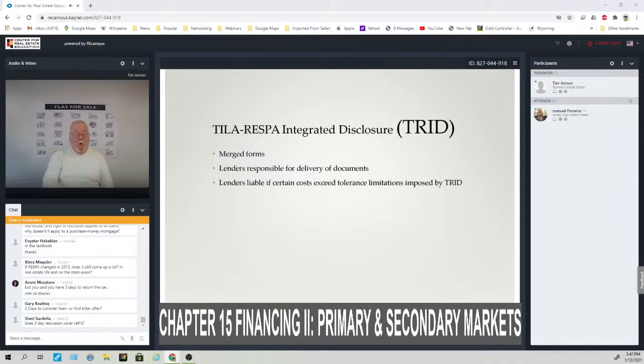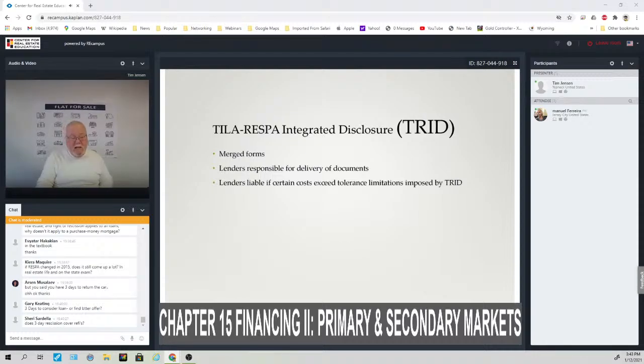And if everything is correct, then they go to a closing 3 days after the lender sends the integrated disclosure to buyer and seller. So 7 days before the closing, the lender sends the buyer the final loan estimate. The buyer sends back the intent to proceed letter furnishing the ALIENS information.